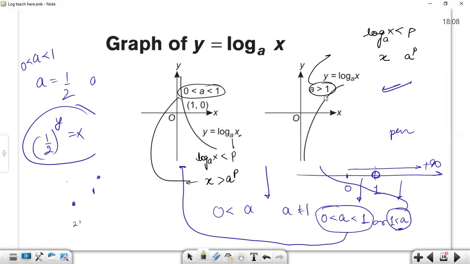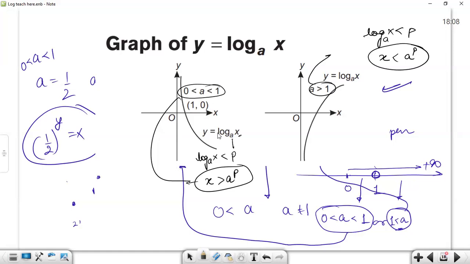So if a is more than 1, then the inequality sign will remain the same. That is the concept basically. And also keep in mind that a and x must be positive. That's one thing. Understood about this, how we have solved the inequality when it is related to logarithm?